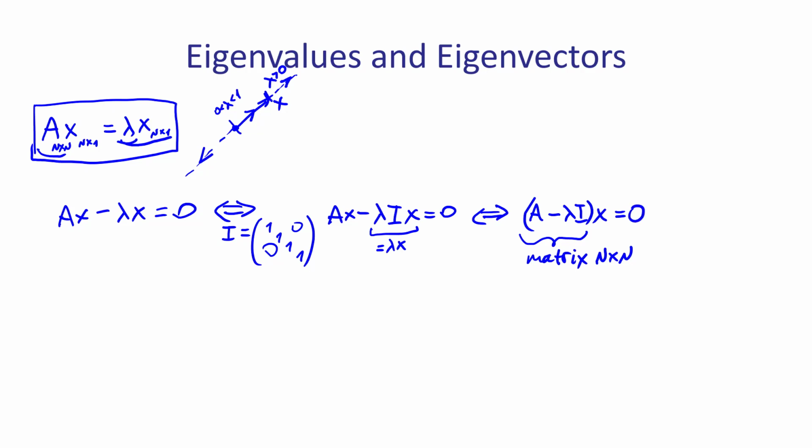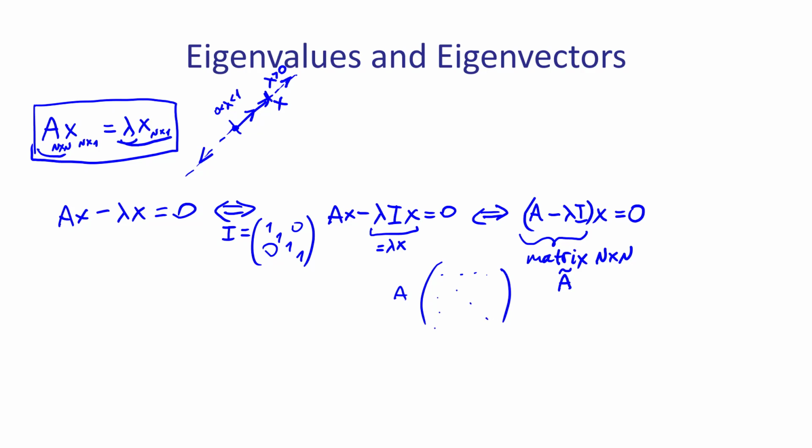Now, what can we say about that matrix, let's call it A tilde, which is A minus lambda I. This is the initial matrix A, and we have some elements on the main diagonal and some other elements in other places.